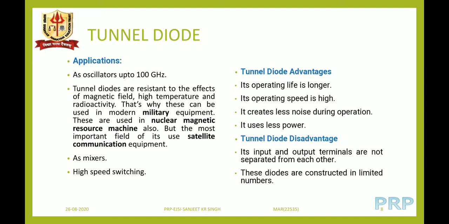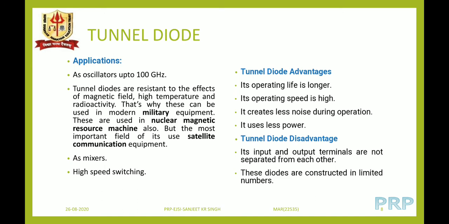So what are the advantages of the tunnel diode? Its advantages are its longevity, that is longer life, stability, and faster operation. High speed switching operation can be done, and hence it can be used in flip-flops and gates.